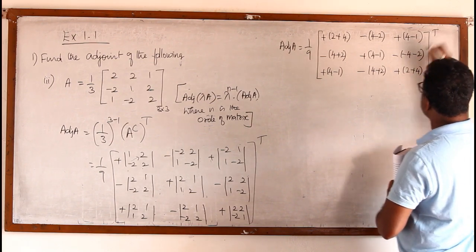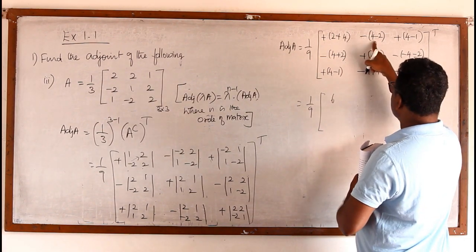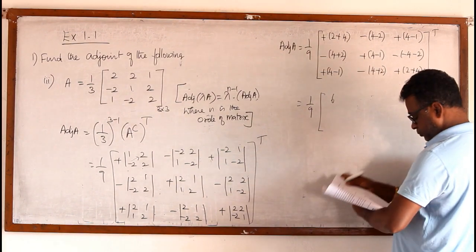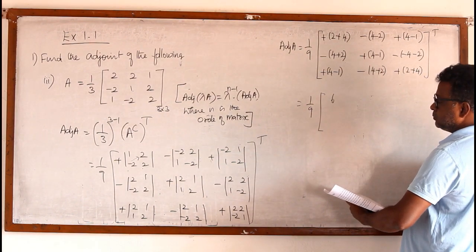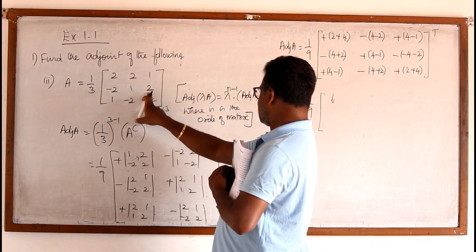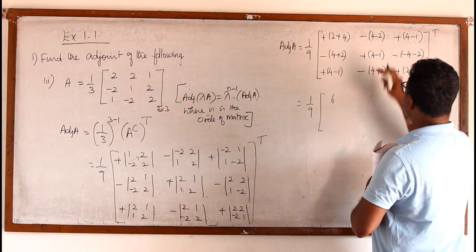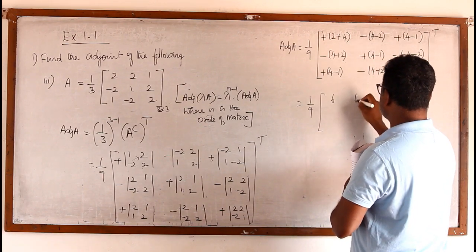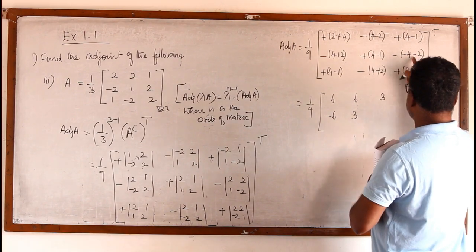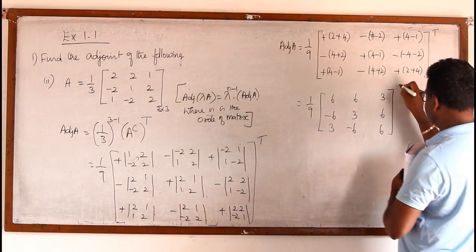The transpose. That is 1 by 9 into, it is plus 6, 4 minus 2. Check this error pattern. Now this one, minus 2, 2, 1, 2 only. So it is minus 4, minus 2, so minus 6, it will be plus 6. 4 minus 1 is 3, minus 6, 3, minus 6, so plus 6. 3, minus 6, 6, the transpose.